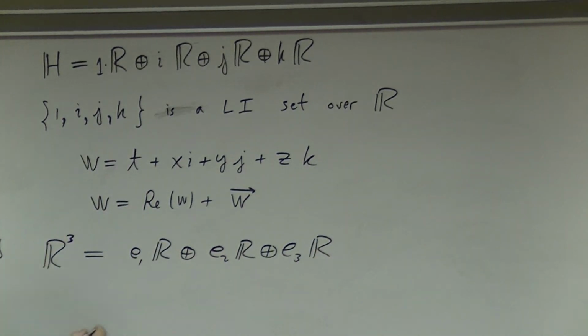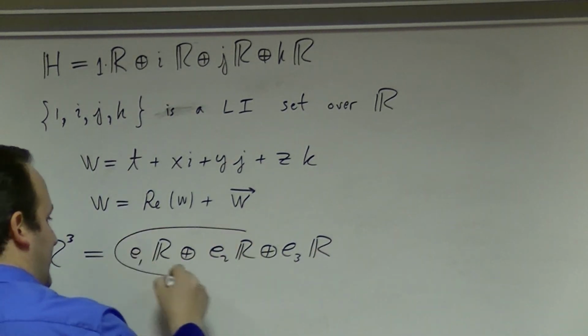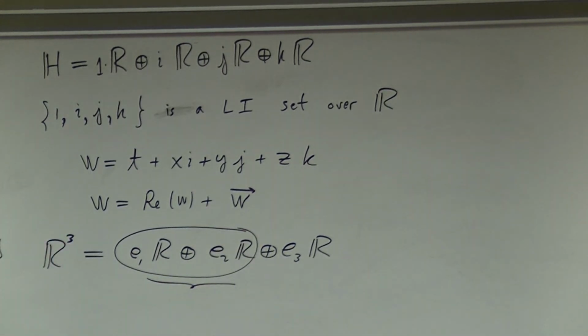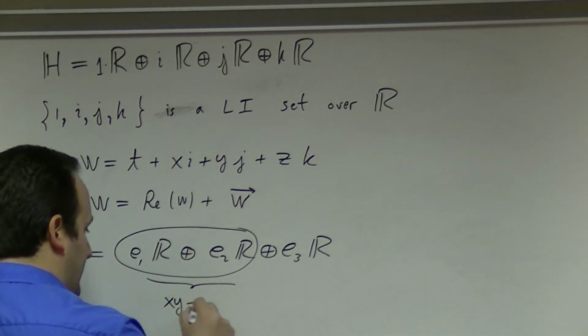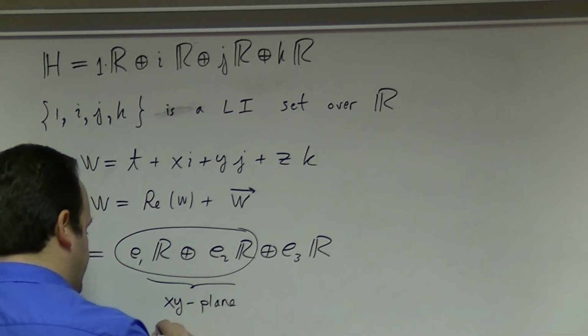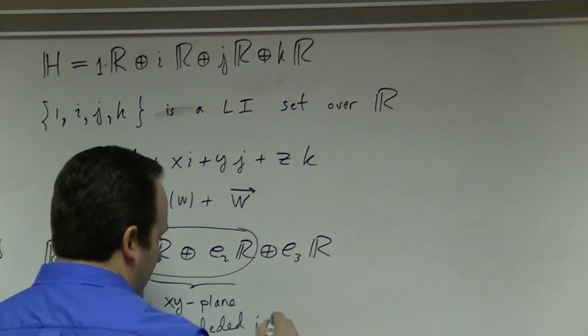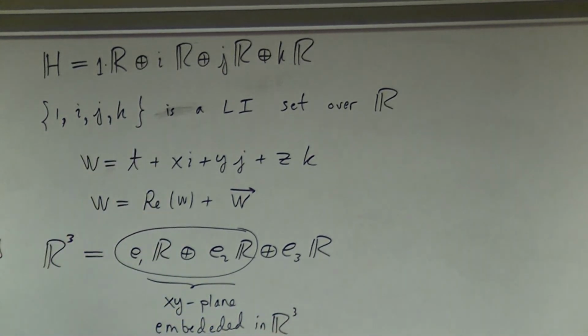But you could also look at these two things collectively as something. What is this? Is it not R2? Well, it is R2. It's R2 sitting inside R3, though. Let's be careful, right? This is the xy plane embedded in R3.